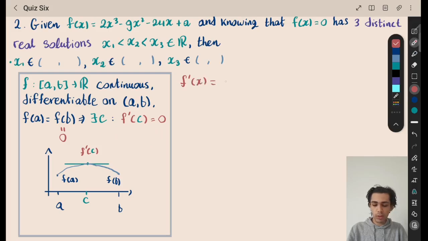So 2x cubed, that's going to be 6x squared. 9x squared, if I take the derivative, that's going to be 18x, I just multiply by 2. And the derivative of 24x is 24. And the derivative of a is 0. So that's good.